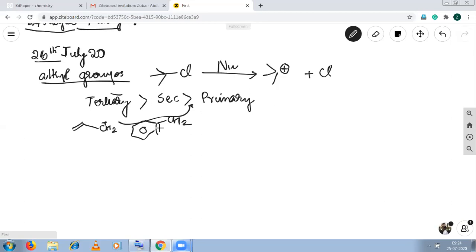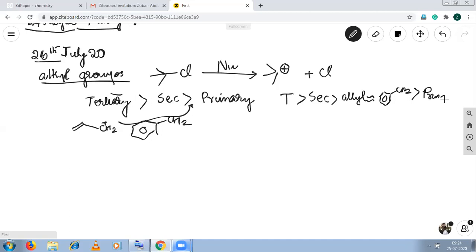So you can say tertiary, secondary, there is not much difference, but still allylic, same as benzylic, and then primary.